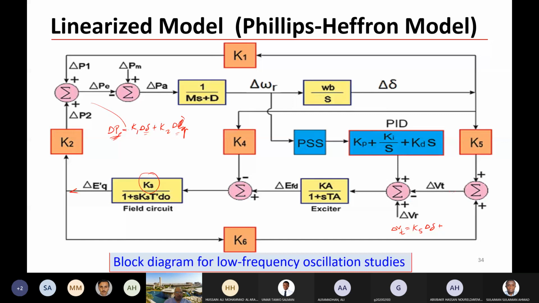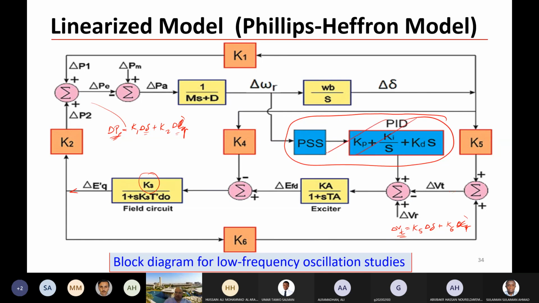That means you express delta VT also in terms of the states, delta delta and delta EQ prime. And we will also derive K3 and K4 during this question. Of course, if you consider delta PM equal to 0, this delta P will come directly here, and forget about this for the time being.